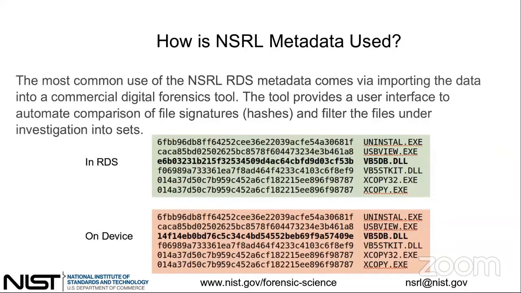So instead of starting E6B, it starts out 14F. That is just an example of how behind the scenes the automated tools are comparing the hashes, and they would flag that as something different, something unexpected.